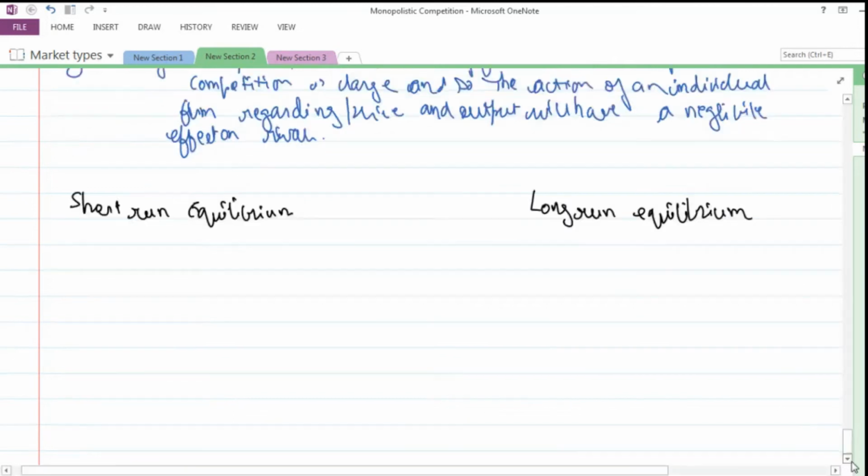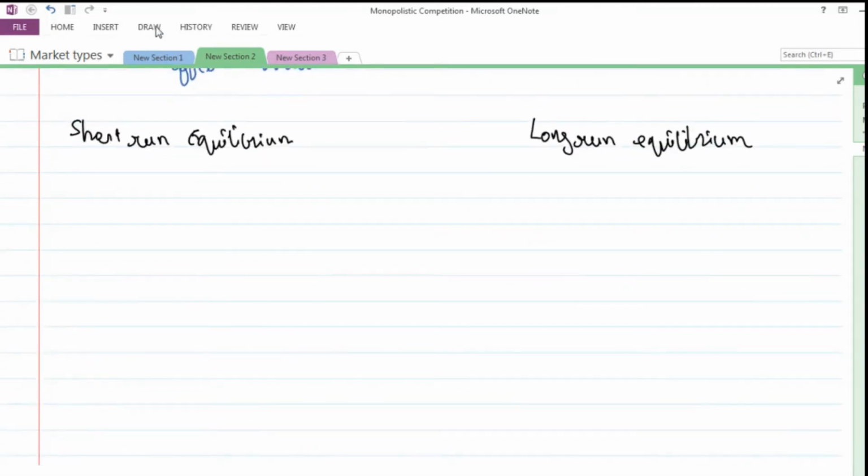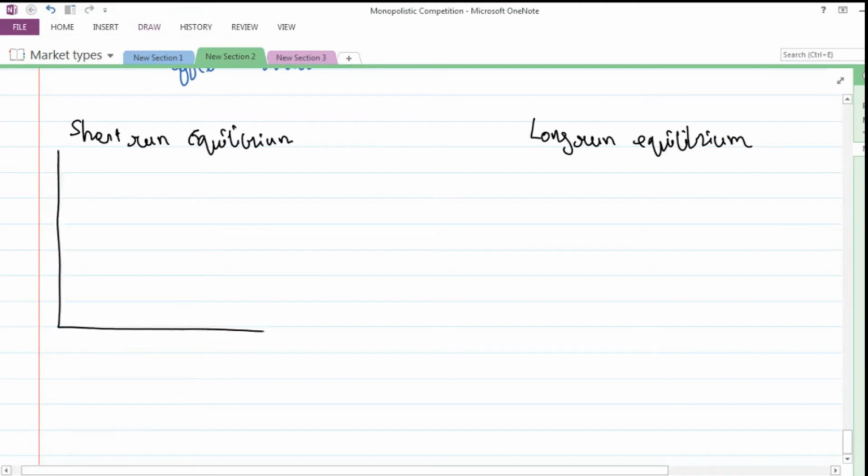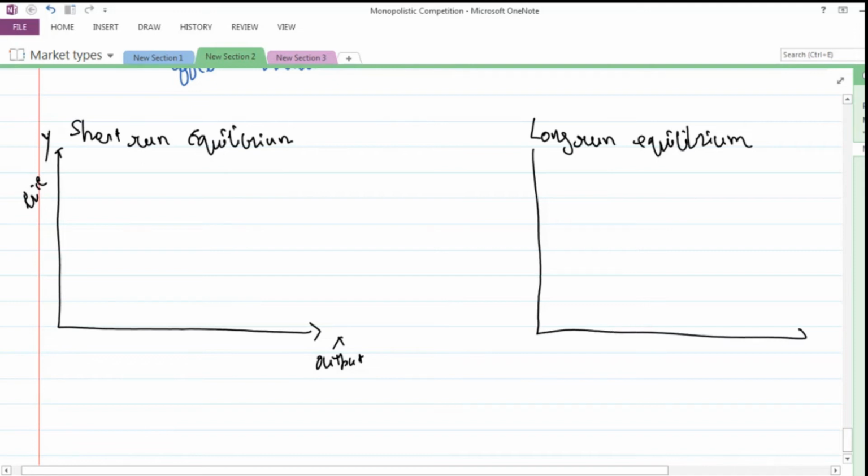When we take into account the short-run equilibrium, in both the scenarios we would be measuring output on the x-axis and price on the y-axis. This is the point of origin in both the cases.